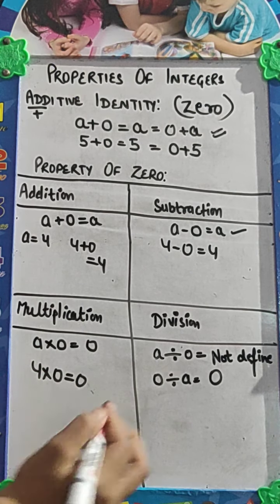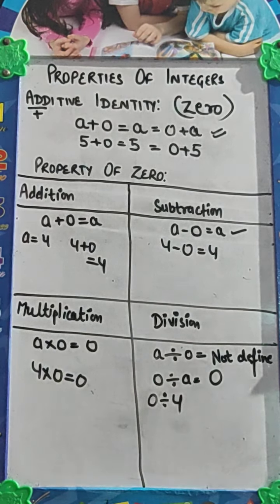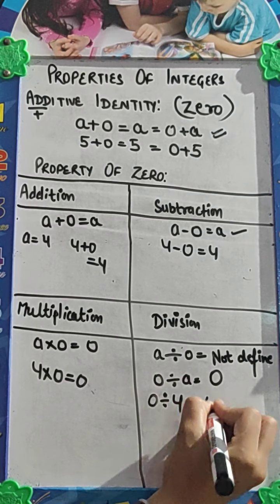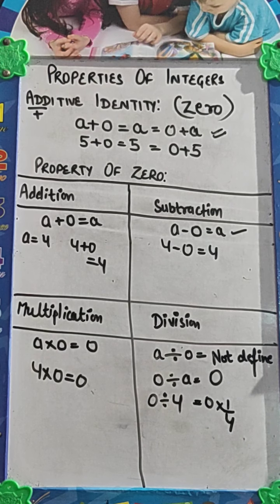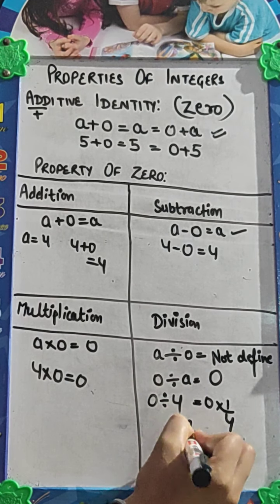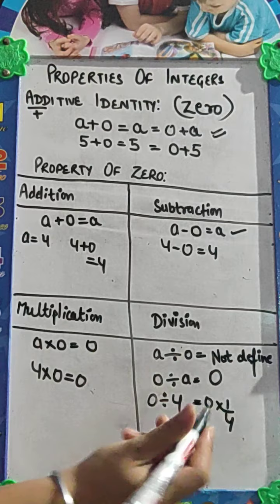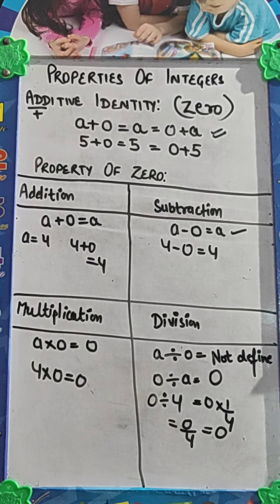Now look here everyone. If I divide 0 by 4: as I told you, when the sign of division is changed into multiplication, we have to take the reciprocal of the next number. Now 0 into 1 by 4 is 0 divided by 4. If 0 is in the numerator, then our answer is 0.